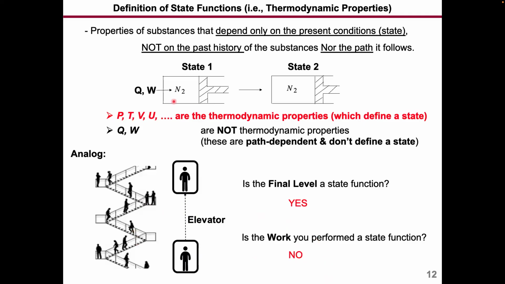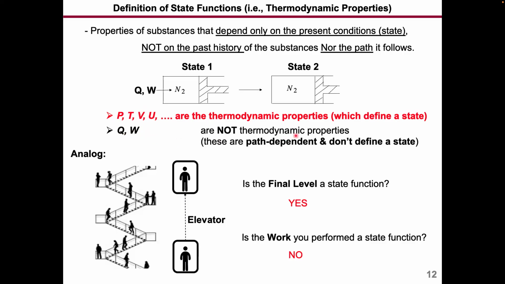So if you go back to think about these thermodynamic properties, temperature and pressure obviously define the system and define a state. Internal energy, molar volume, or specific volume, same thing. And then Q and W are really talking about the exchange between the system and the surroundings. So these will depend on how they interact.